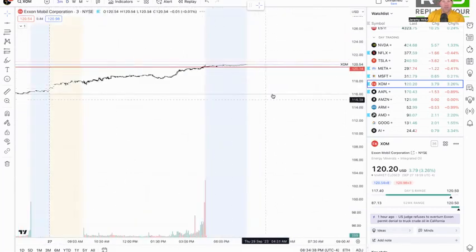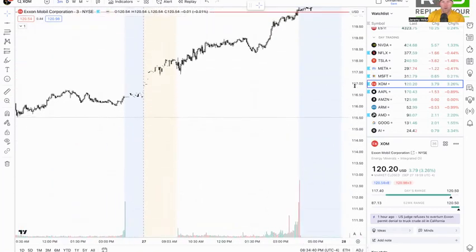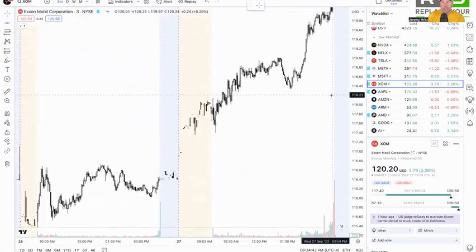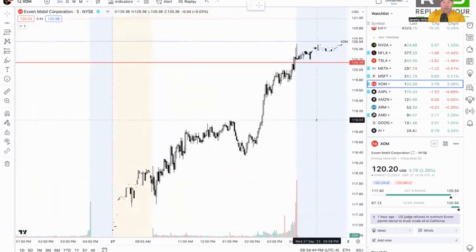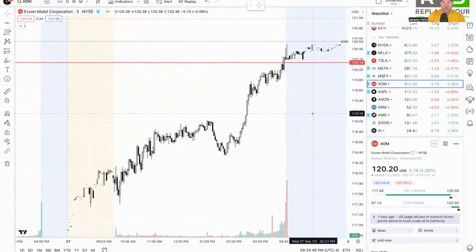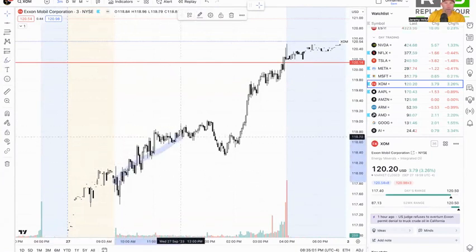But anyway, if we go into a 3-minute chart here on ExxonMobil, this is from today. If you look at the candles, what is the trend on this 3-minute chart this day? Is it bullish or bearish? Bullish, yep. And you can see that even within this bullish move you have a little bit of a pullback.